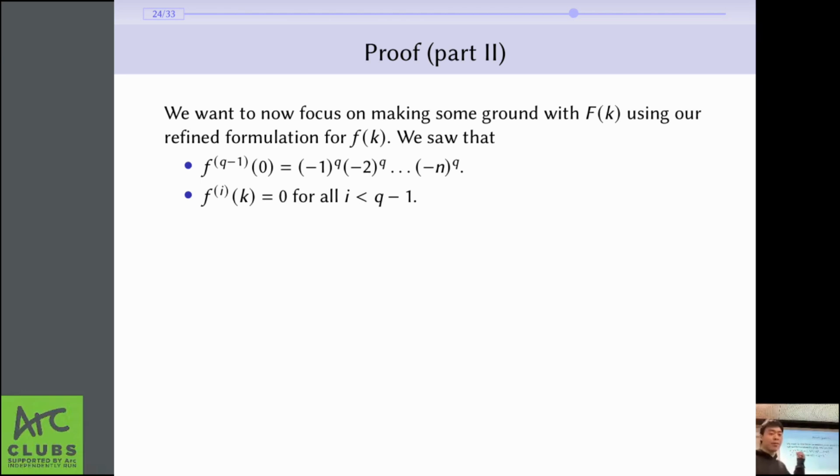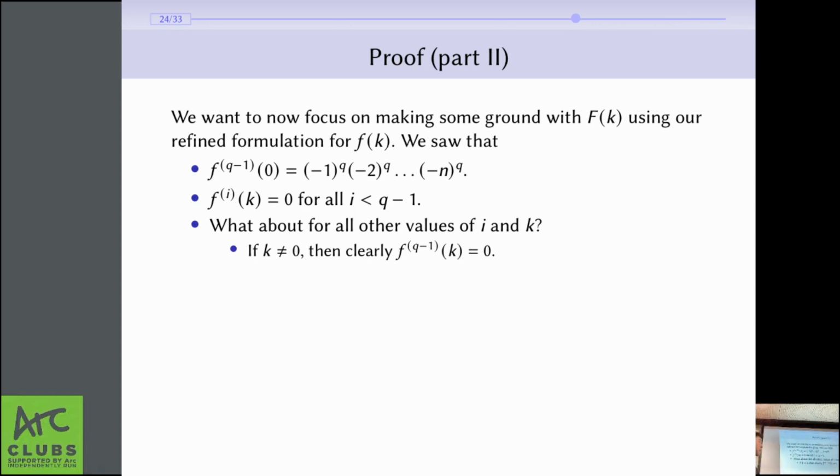Again, if I evaluate the ith derivative of f at k, that's equal to 0 as long as the derivative is less than q minus 1. Okay. Now we're going to look at all of the other values for i and k.